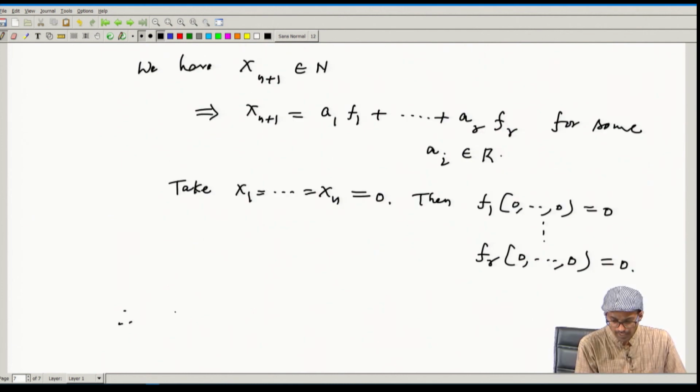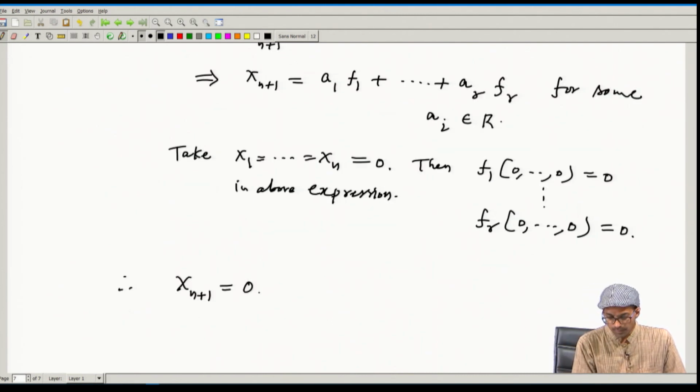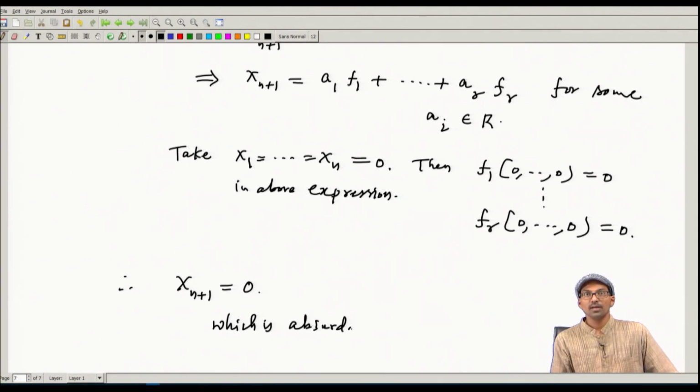Therefore, taking x_{n+1} in the above expression, we will get x_{n+1} equal to 0. But this is absurd, because x_{n+1} is a free variable, it cannot be equal to 0.